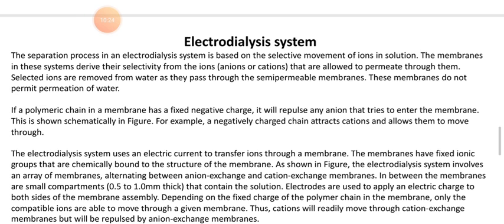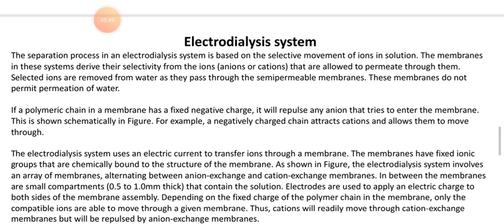What is the meaning of that? It contains an array of membranes, meaning a number of membranes are present, and they possess different charges. Some are bound with negative charge, some with positive charge, so that different ions can get attracted to or pass through the different membranes.